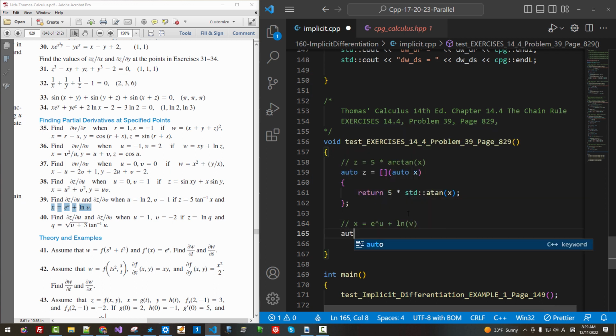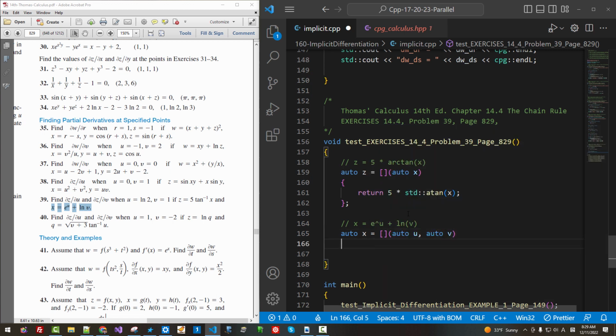Return std::exp u plus std::log v. Please understand, this log is natural log ln v, semicolon.